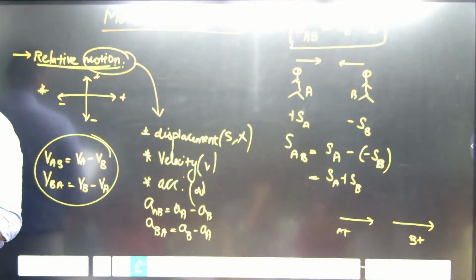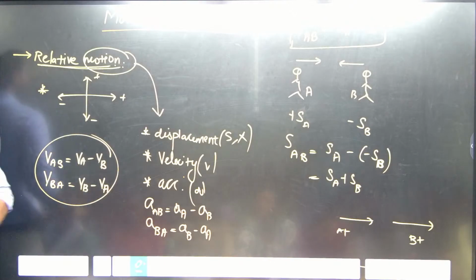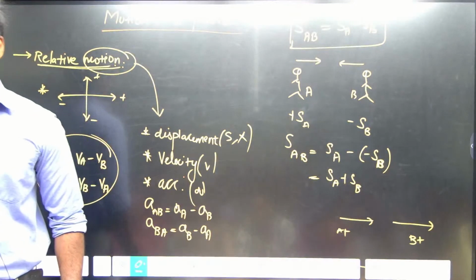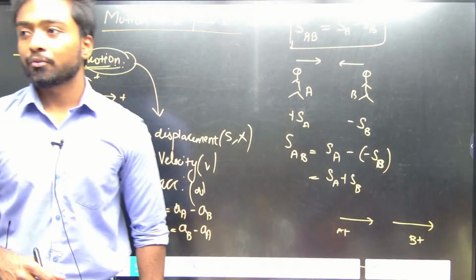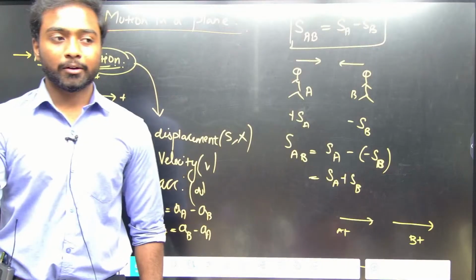Velocity of B is equal to minus i cap plus 8j cap minus 8k cap. Find velocity of A with respect to B and velocity of B with respect to A. Both things I need to get.